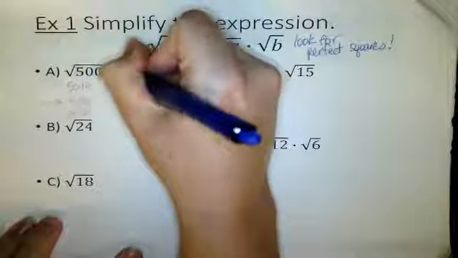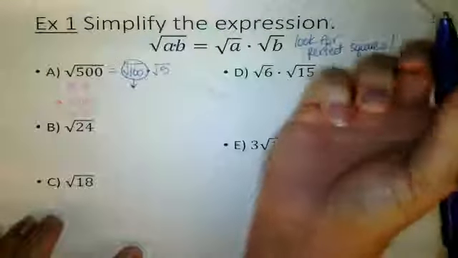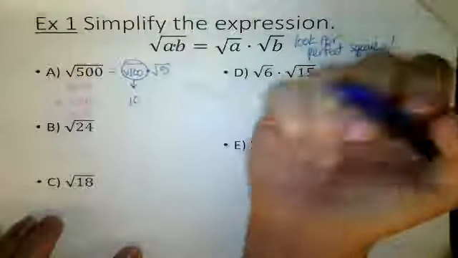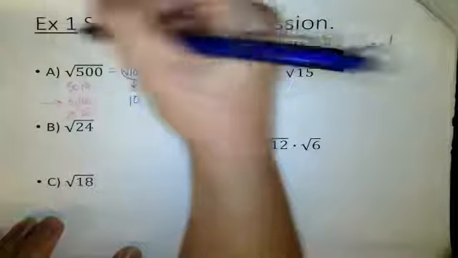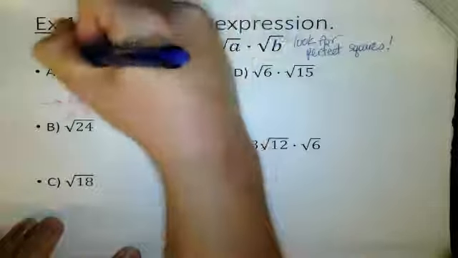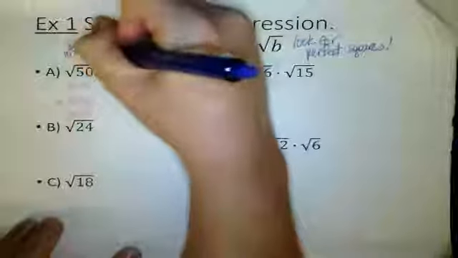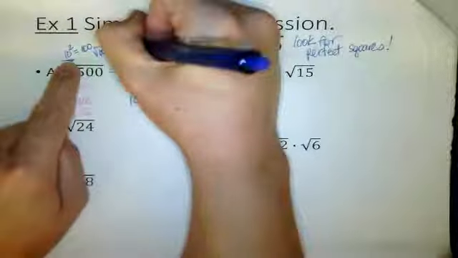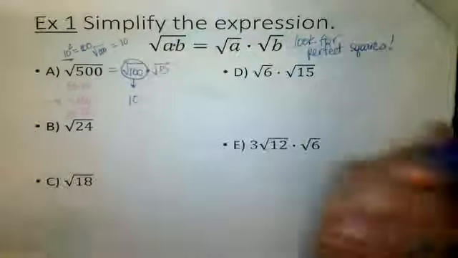And then, what is the square root of 100? 10. Yeah, because 10 squared equals 100. The square root is the reverse. If you know 100, the root is the 10. The square root and the square cancel each other out.